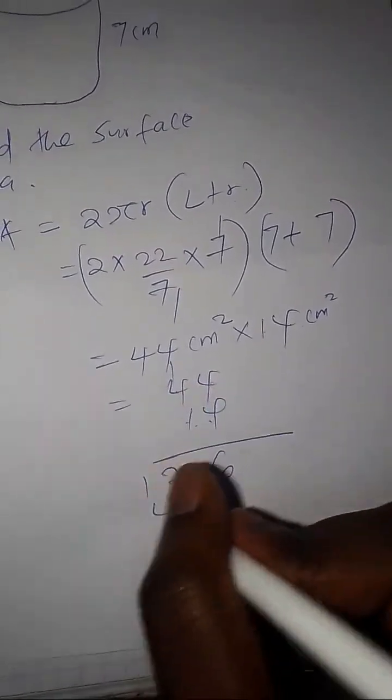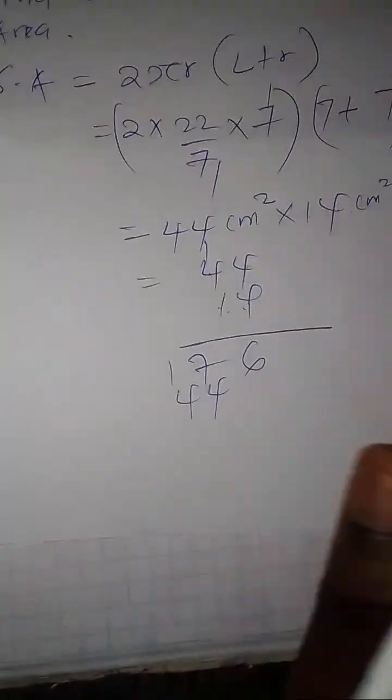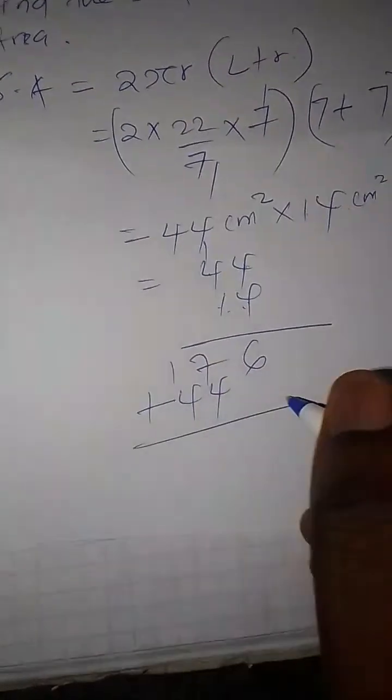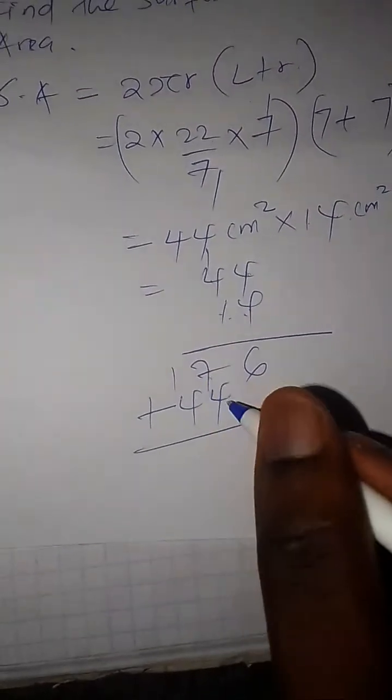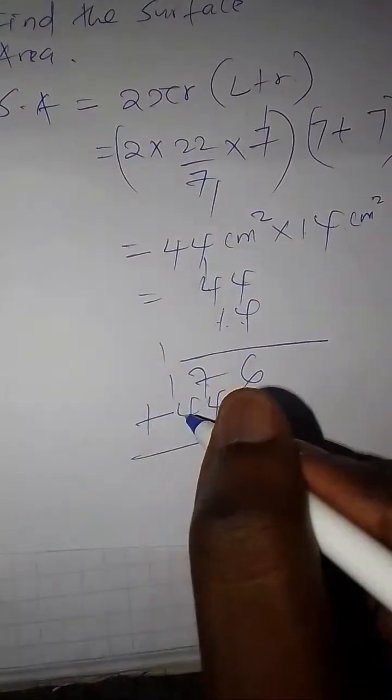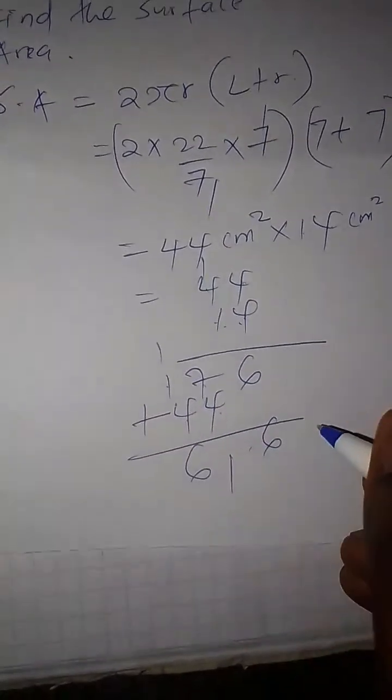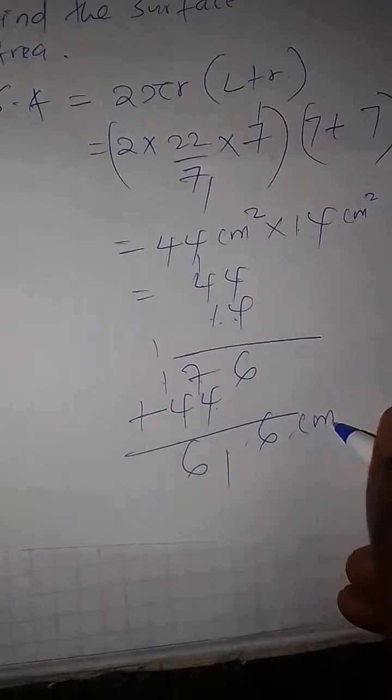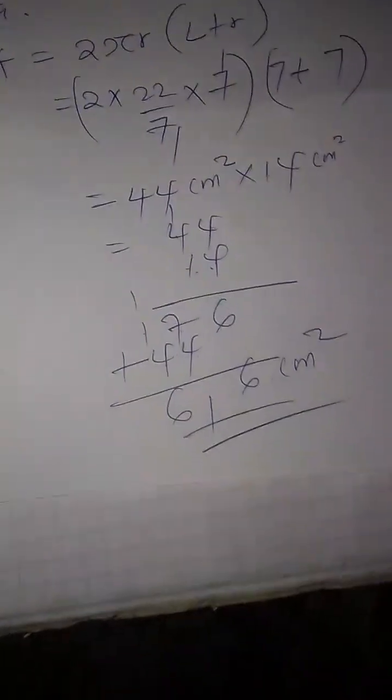Then we add all of it together. So we shall have 6. 7 plus 4 is 11, carry 1. 4 plus 1 is 5, plus 1 is 6. So we shall have surface area 616 square centimeters.